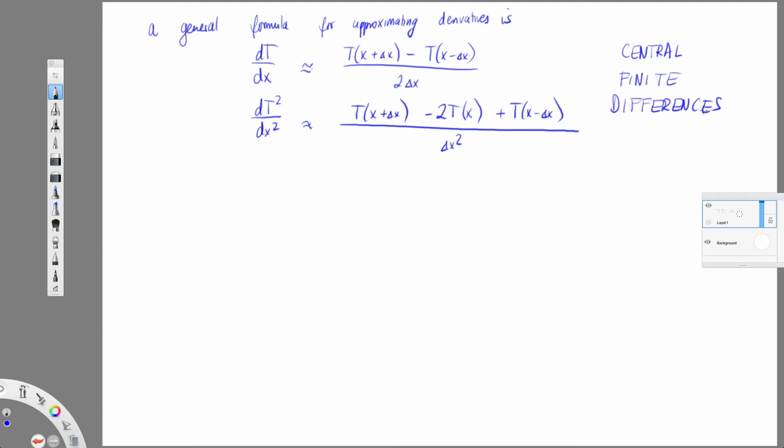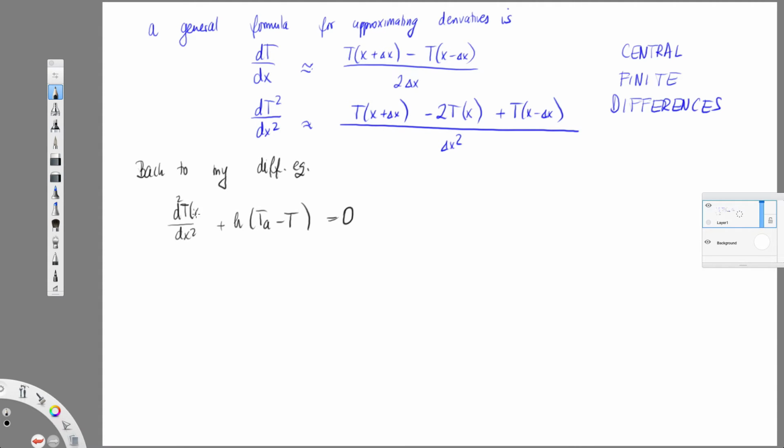So if I apply the formula, back to my differential equation, I know that d squared T/dx squared plus h times (Ta minus T) is equal to 0.